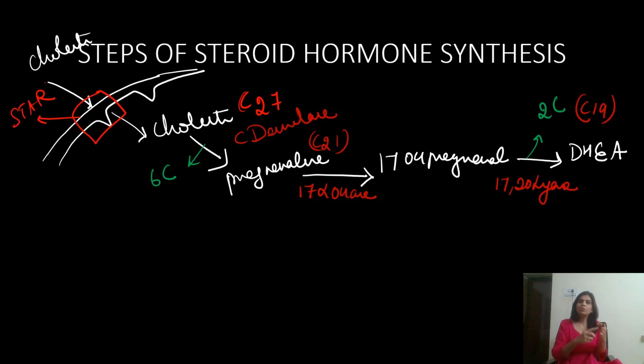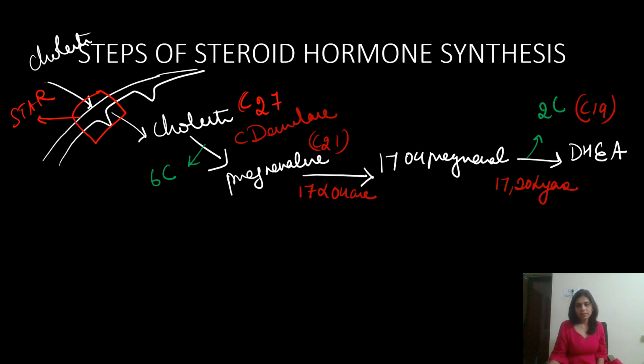It also includes cortisol. So progesterone, aldosterone, cortisol, all these are formed from pregnenolone. So they are all C21 steroids. So what are the C21 steroids? Progesterone, aldosterone, cortisol are C21 steroids. Androgens are C19 steroids. Estrogens are C18 steroids. Okay.